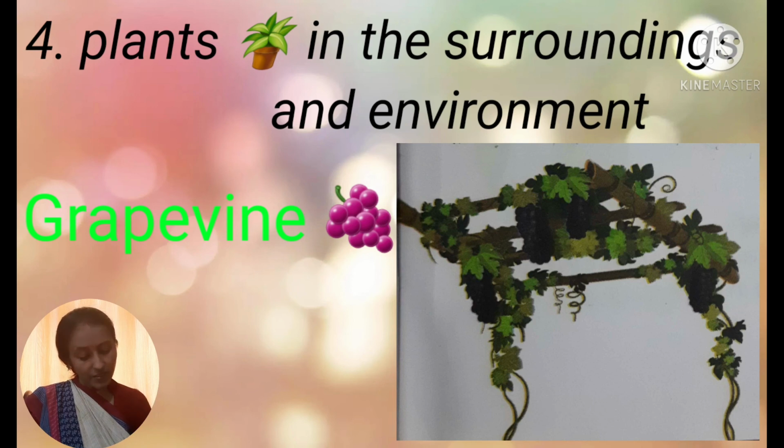Grapevines and bean plants have weak stems that need the support of other plants, poles and sticks. Have you ever seen grapevines? They have weak stems, so they need the support of another plant or a pole or a stick.